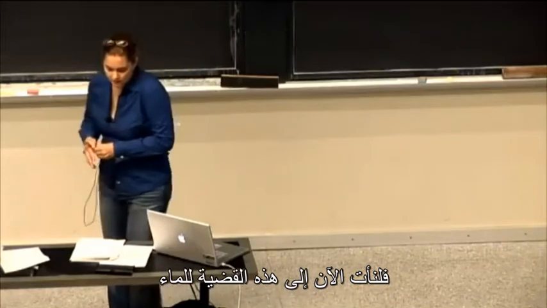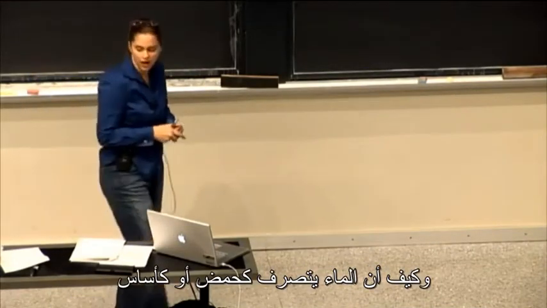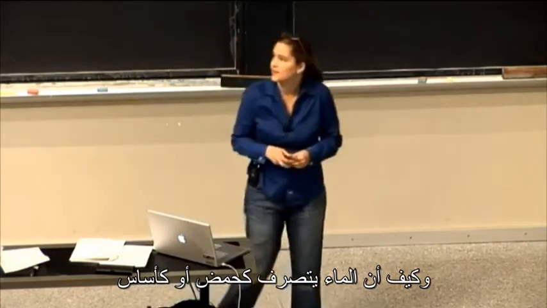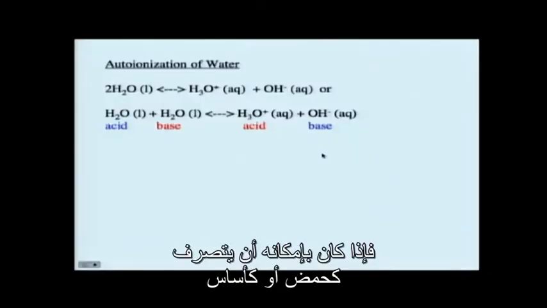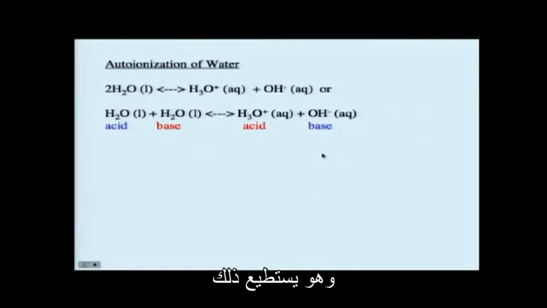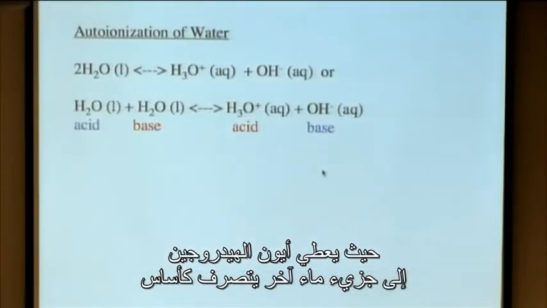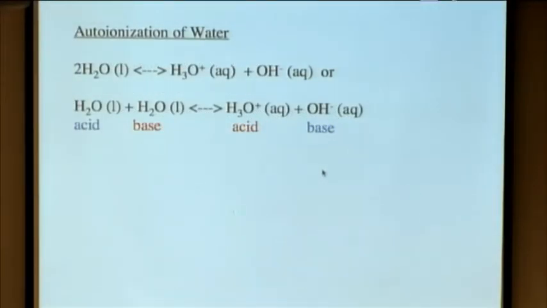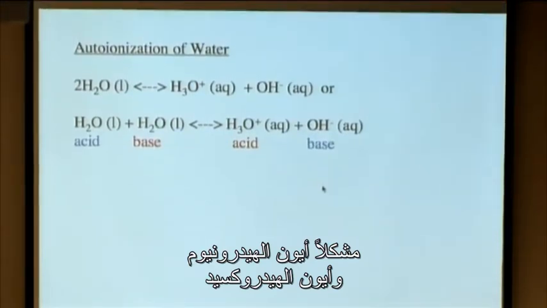So now let's come back to this issue of water and how water can act as an acid or a base. If it can act as an acid or a base, it seems like it can react with itself to do some chemistry, and it can. So up here, you could have one water molecule acting as an acid, giving up its hydrogen ion to another water acting as a base, forming hydronium ion and also hydroxide ion.